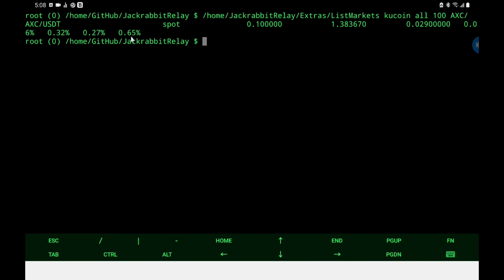So using the tools that Jackrabbit provides, you can look for these unique little diamonds that begin to really shine over time. And the price is really quite nice. Only 13 cents a position, so you don't need a lot of budget to get into this coin.